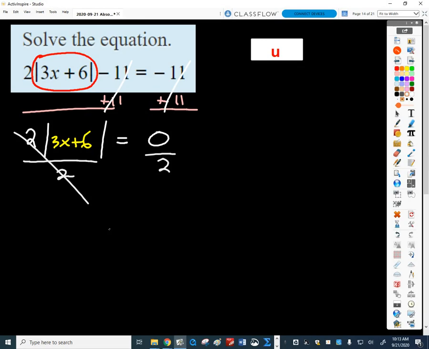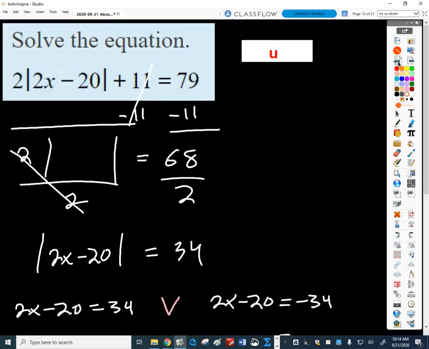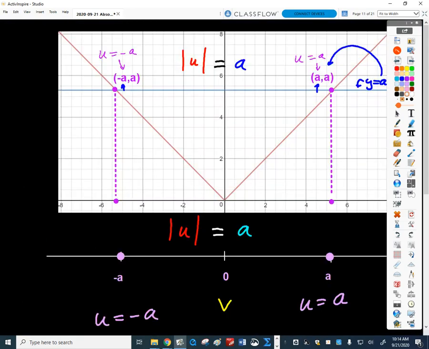What do you think that corresponds to in terms of the intersection of my absolute value function with 0? Where is the intersection occurring? If I go back a couple slides here to this picture, the blue line has moved. We're not asking where the absolute value equals some positive number.